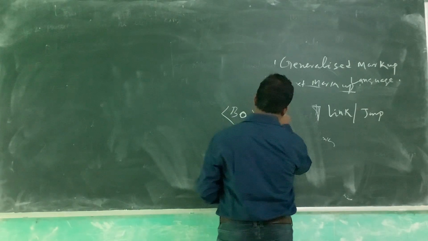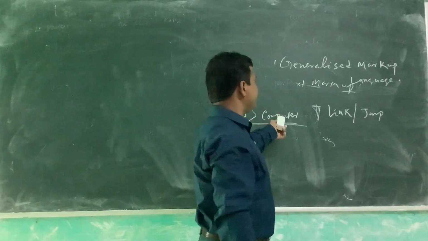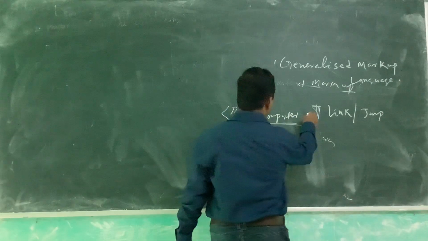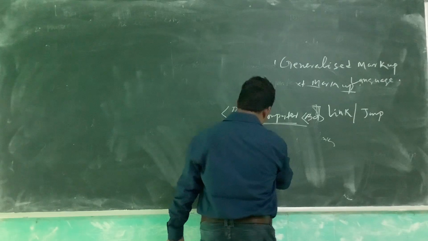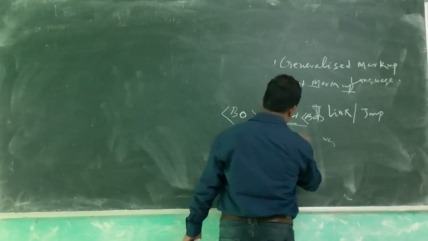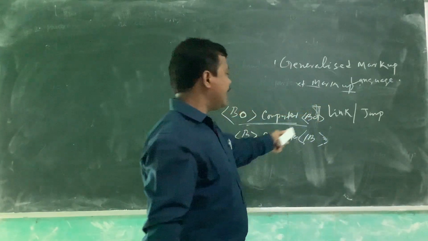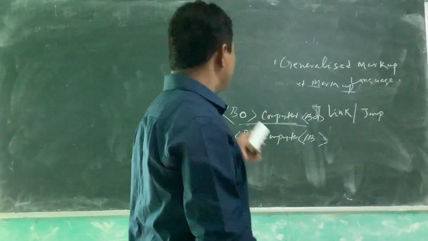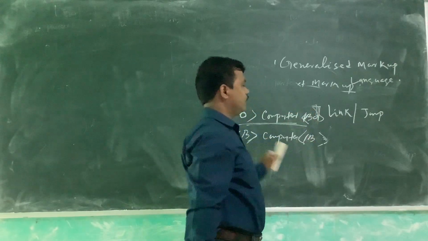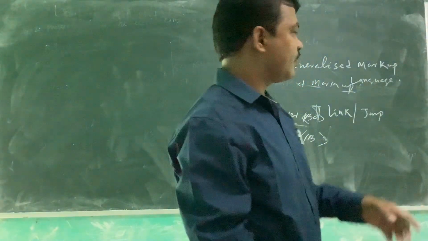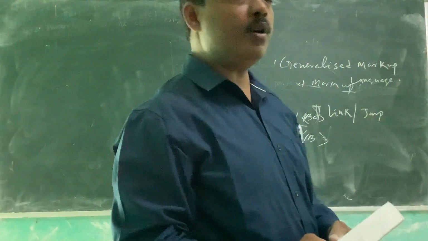This is computer, and I want to render the word computer in bold face. We have to type computer in between B and slash B, but wrongly we typed BO and slash B. Anyway it will execute and find there is no tag like BO.